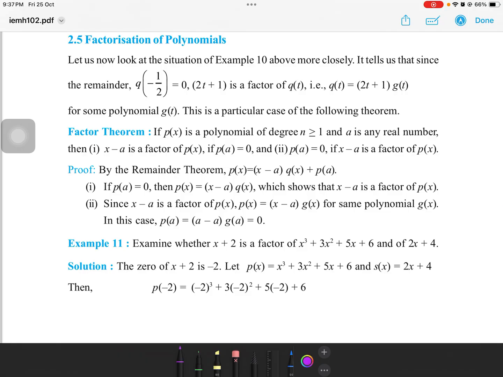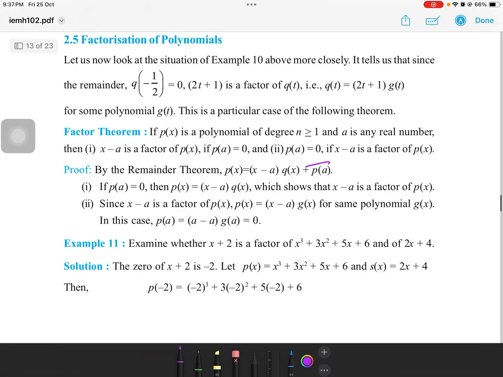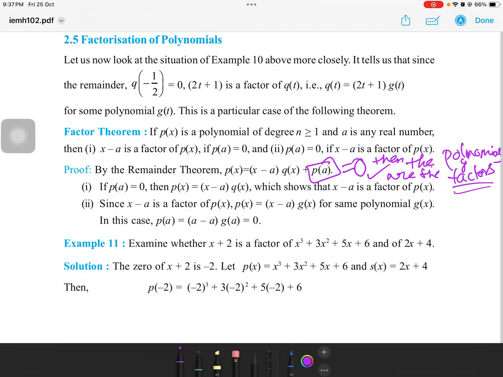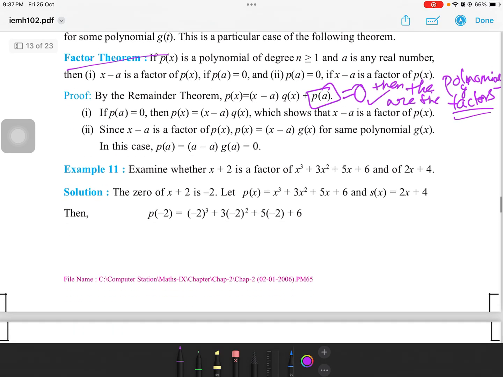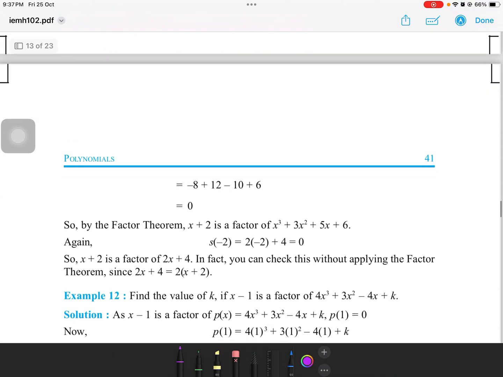It's just a special case of the remainder theorem, and if the remainder is 0, then the polynomials are factors of each other. That's all. That's the factor theorem.